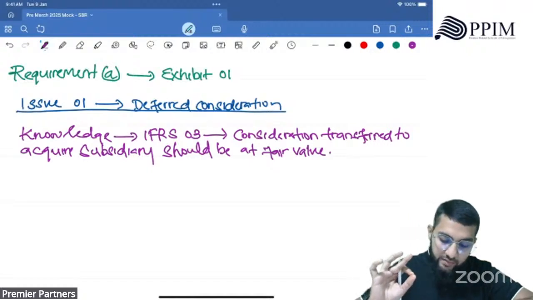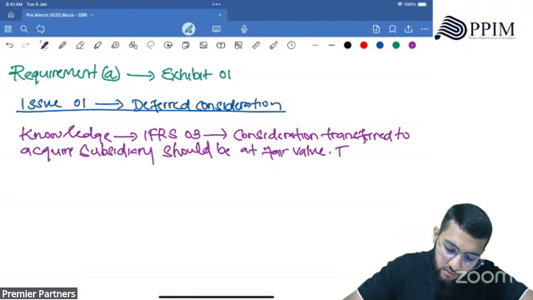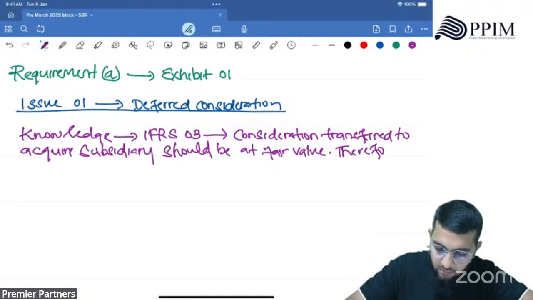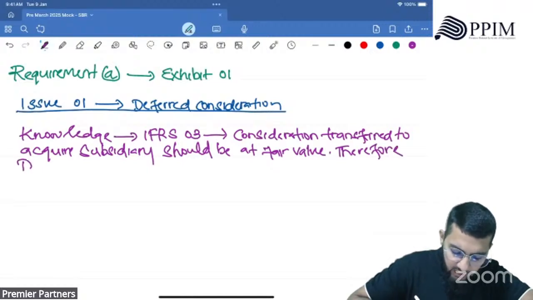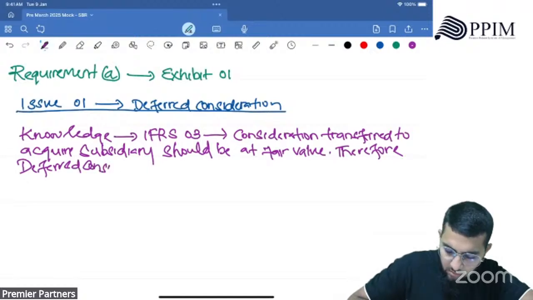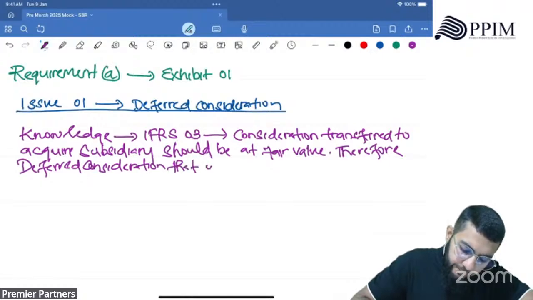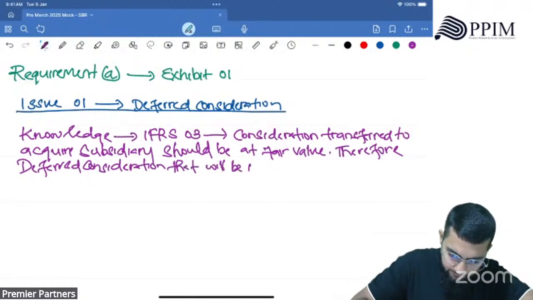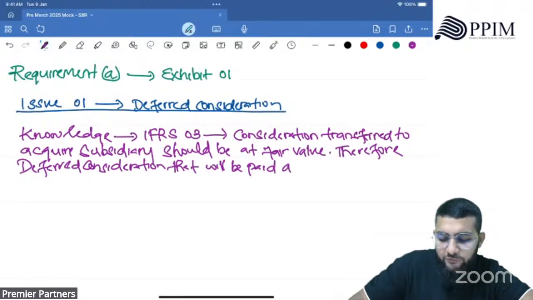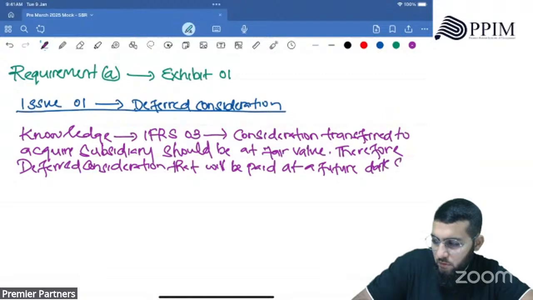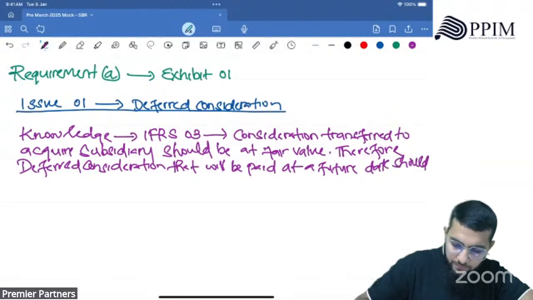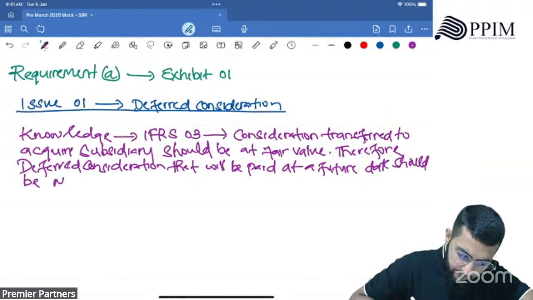Therefore, deferred consideration that will be paid at a future date should be measured at fair value.